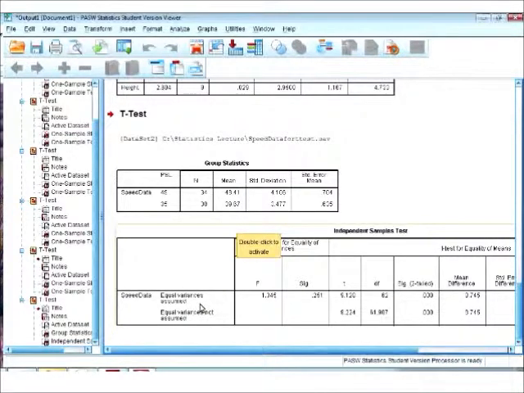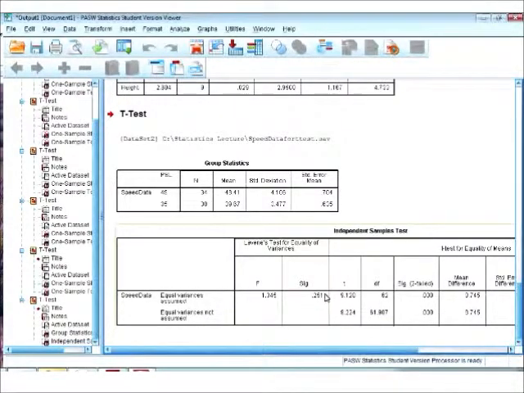So which one to pick? I wrote it down somewhere. If the significance level is like this, 0.251, if the significance of Levene's test is less than 0.05, then use this value.